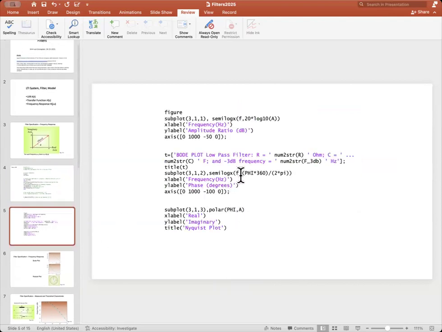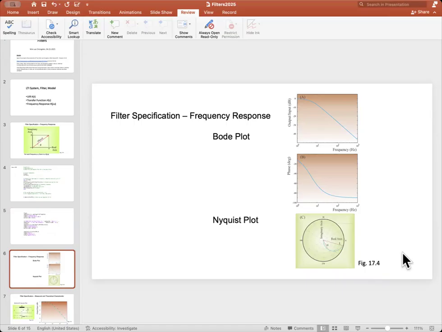So then we can plot that. We can plot it in the Bode plot. And in the Bode plot, we separately plot the size and the φ in two plots. And then in the Nyquist plot, we do that in a polar plot, and we do that in one. And in the book, this is figure 17.4.